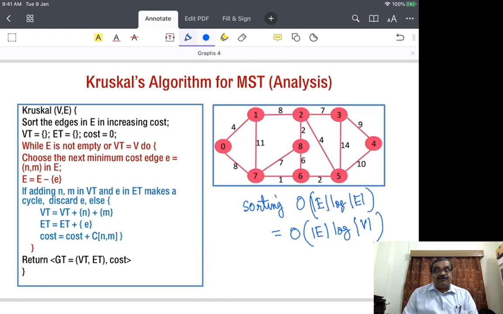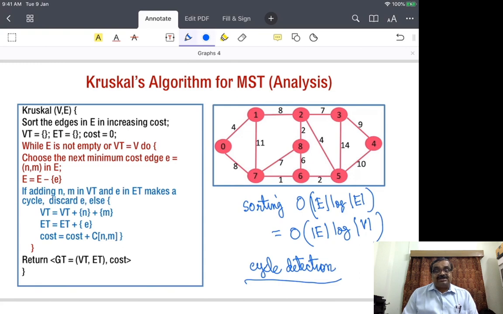Now, checking for this cycle detection is not a straightforward issue. If you notice, what we are trying to do here is form disjoint sets, and by an edge, initially all the sets are singleton nodes, and by every edge we are merging two sets into one set.